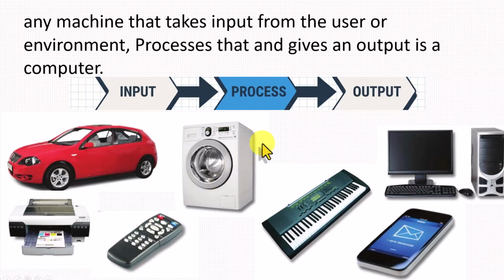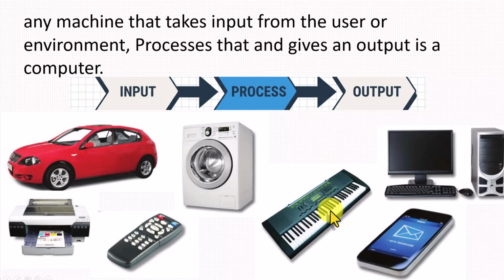For example, take a keyboard. You press some buttons or alter the controls, and that is your input. Based on that, the embedded system inside the keyboard processes that data and gives output in the format of sound to you.